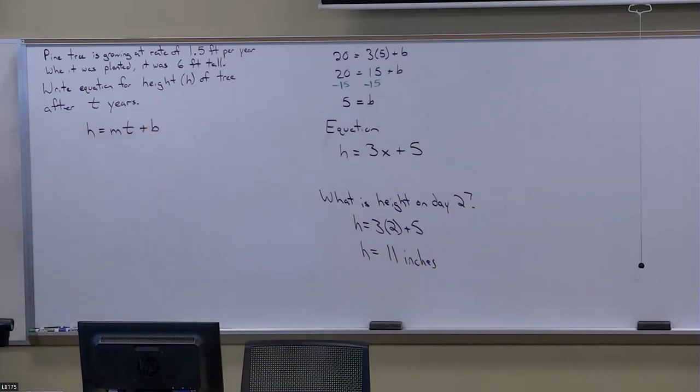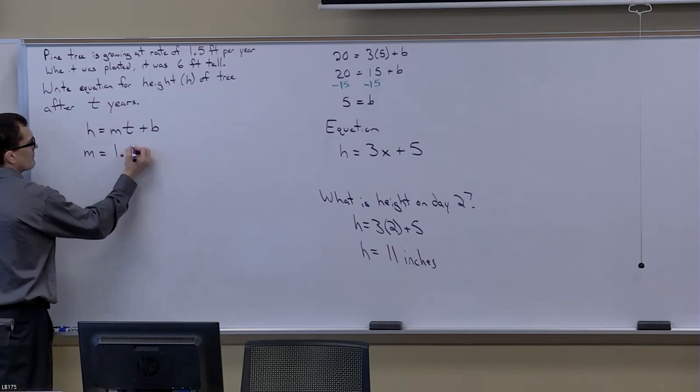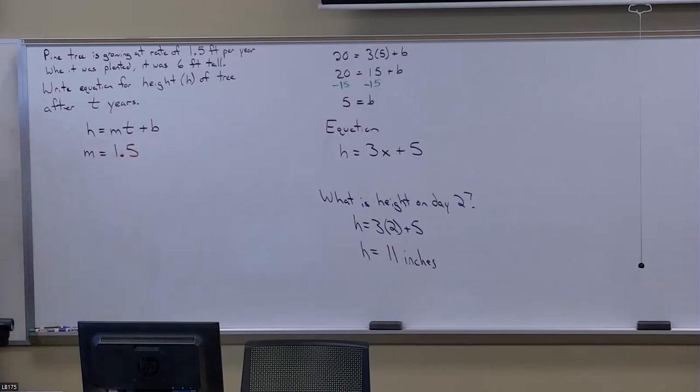Right, y equals mx plus b. Also in this case, h equals m times t plus b. Saying we're growing at a rate of 1.5 feet per year just means that my slope is 1.5.